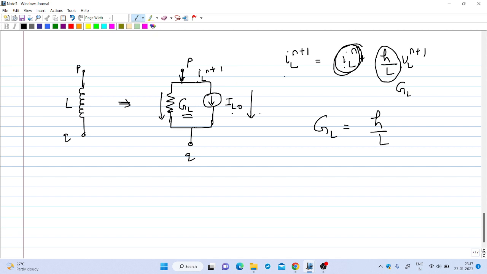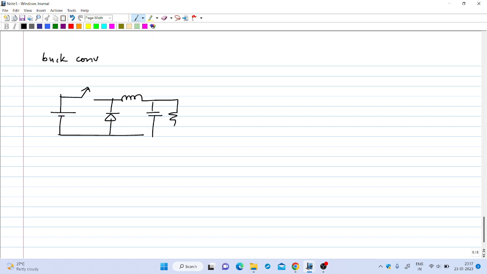Okay, so if you have any circuit with an inductance, for example, a buck converter like this, and if you want to solve the circuit for the on state of the switch, during on state the circuit will be like this.